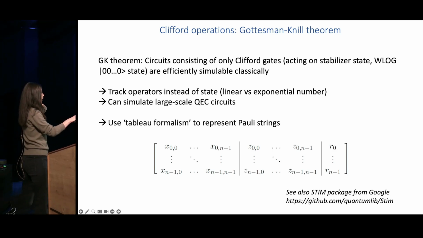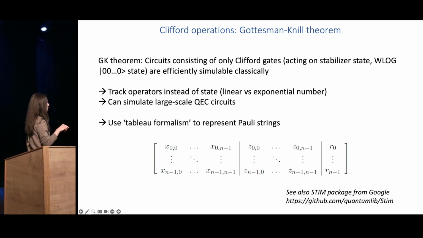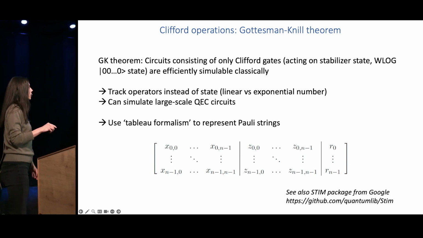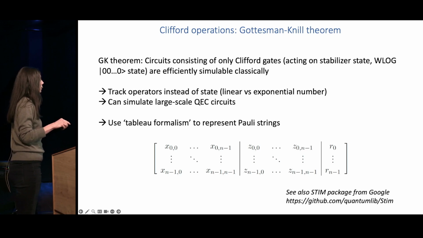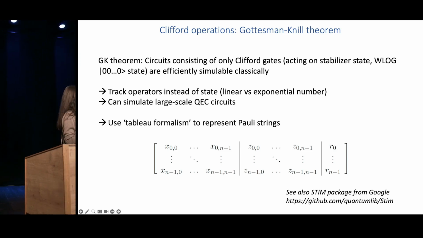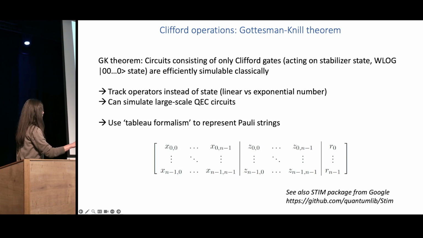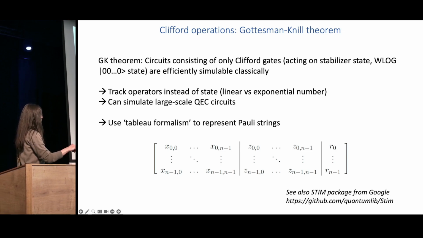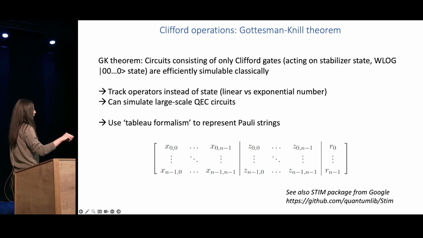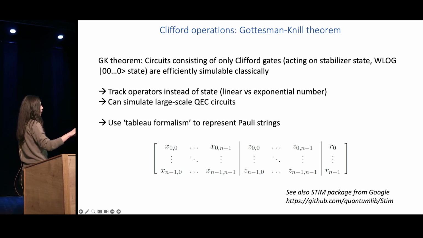So I'm not going to go too much into this. This is kind of technical, but I just want to show it here in case you run into it when you read papers. There's a nice formalism to represent stabilizers, where instead of having X and Z's, or X, Z's, and Y's, I have a tableau, and there's a row for each stabilizer. If I have an X, I put a 1 here and 0 here.